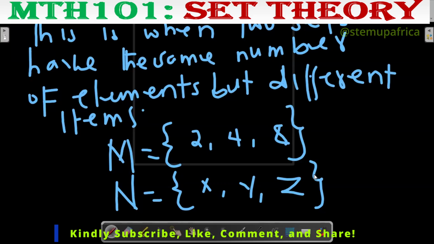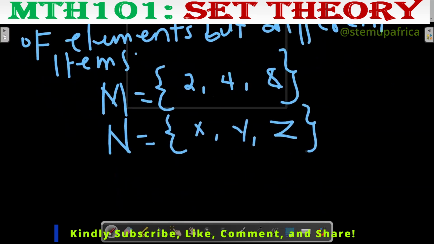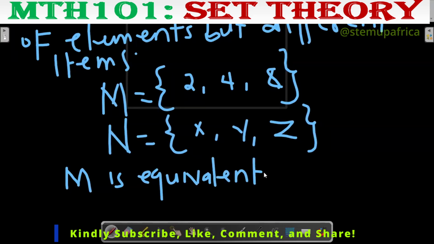But the number of elements is the same, right? Yes. So M is equivalent to N. Both of them are equivalent because they have the same number of elements, but different items. That's why I call them equivalent sets.